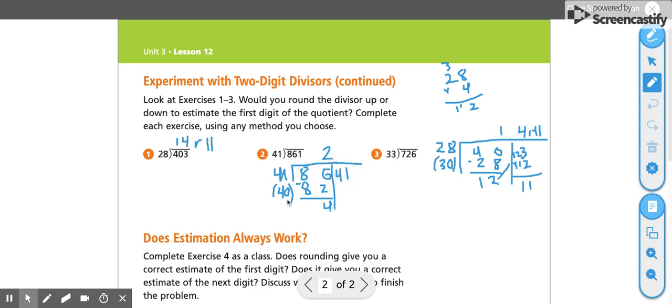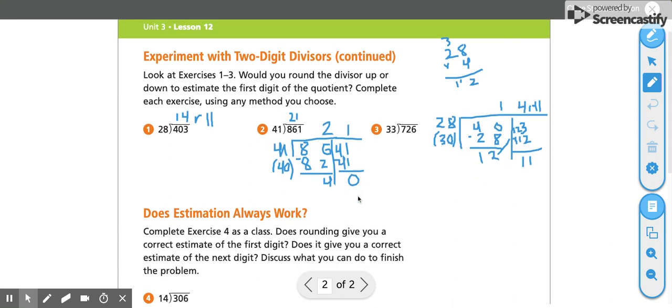And now I'll do my estimation. 40 goes into 41, well, 1 time. And again, when I multiply, I'm going to multiply by the real number. 1 times 41 is 41. And I know that 41 minus 41 is 0. So I have no remainder. And that is also the correct answer, 21. Okay, so far my estimating of the first part of my divisor is working.